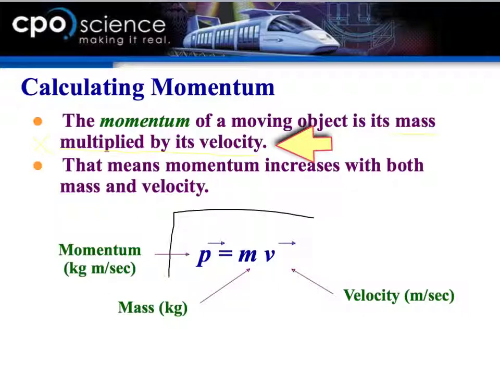Here is the equation for calculating momentum. The variable to stand for momentum is a p. Nobody truly understands why momentum is regarded as a p, but just remember momentum is p, okay? P equals mv. It kind of rhymes. So momentum equals mass times velocity. Mass multiplied by velocity.